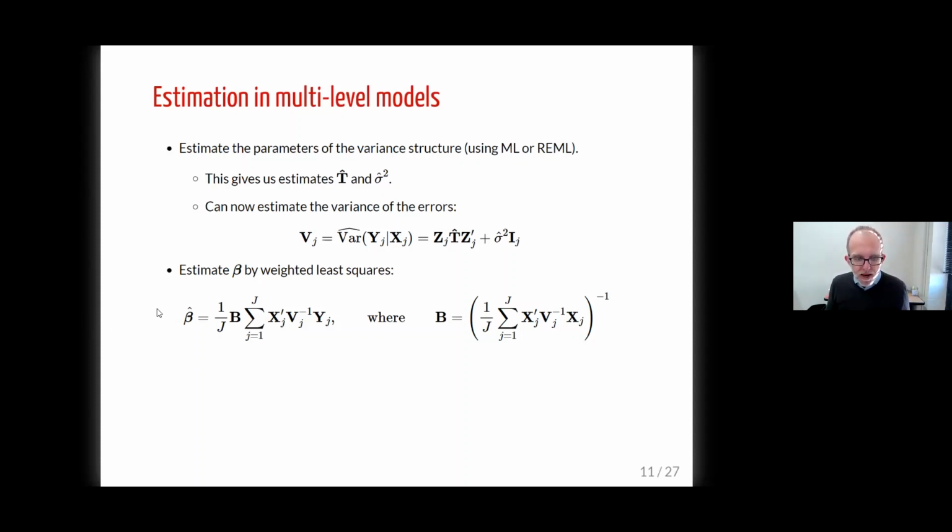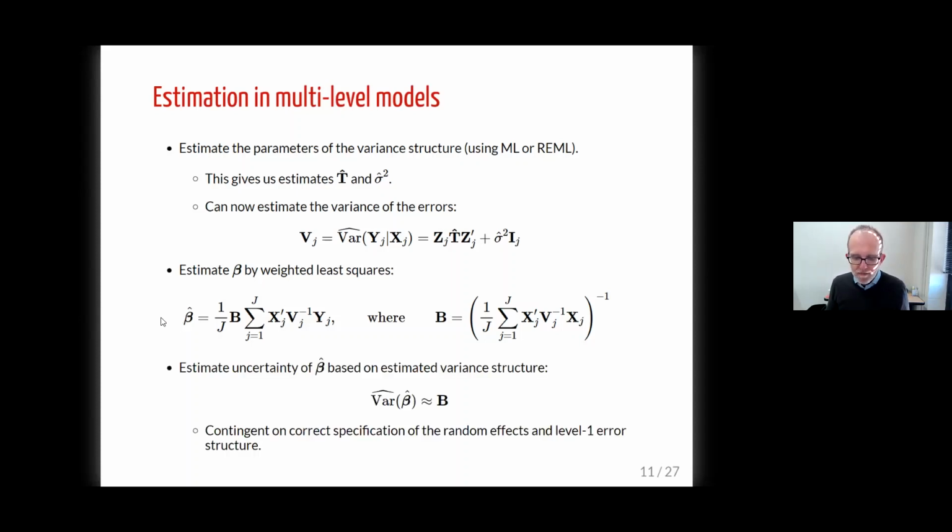And then finally, how do we say something about the uncertainty in Betahat? If we trust the structure of the model, if we trust our modeling assumptions, usually the way that you would estimate the variance of Betahat is just to use this B matrix here. So the B matrix is a function of the X's, the predictors, and then the VJs, the estimated variance covariance structure.